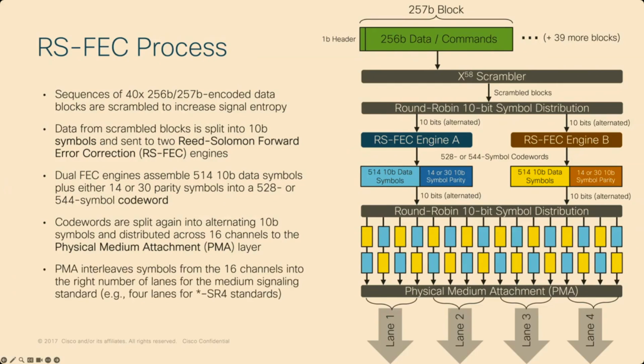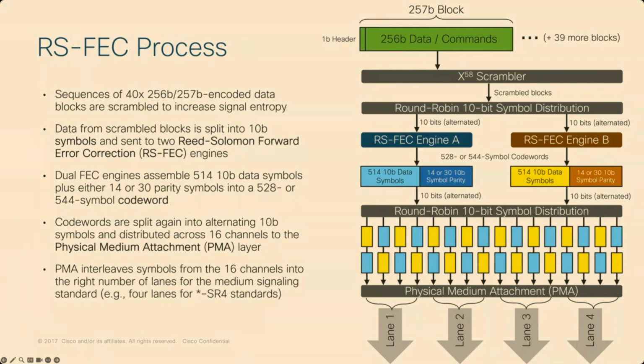So within your transceiver, if I'm, for example, running a 100 gig SR4 connection, that uses 4 lanes. And that means I'm going to take each of these bits that got spread out by the PMA, and it's going to order those across those 4 lanes and send the signal down the 4 lanes.